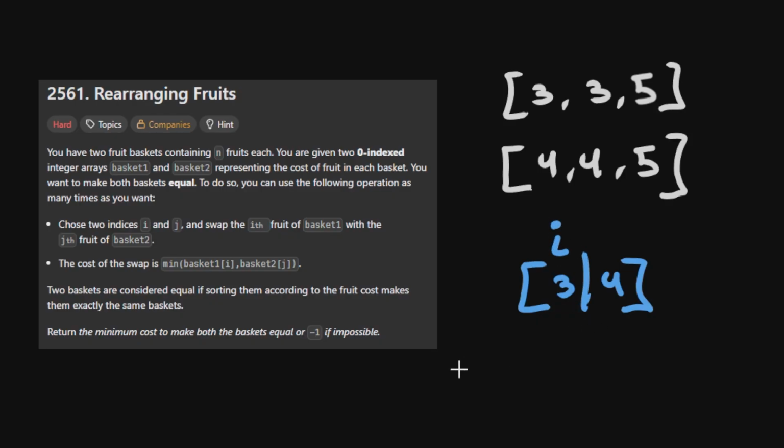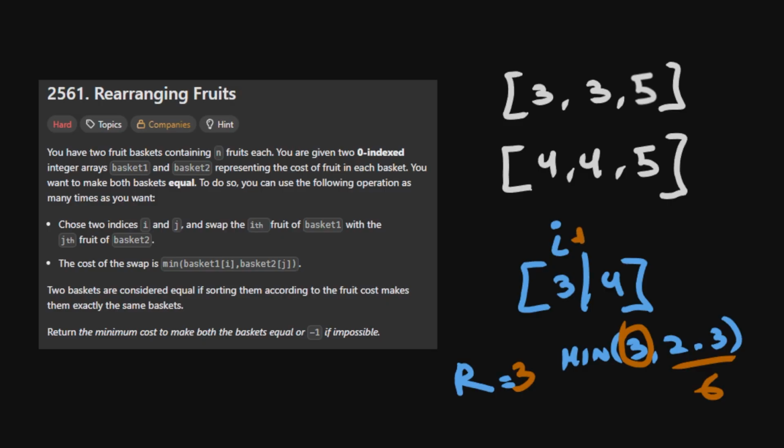So we are here, and the result is the minimum among 3 and 2 times the minimum value in these 2 baskets, meaning 3. And 2 times 3 is 6. So the result for this is 3, meaning we put a 3 in the result. We update the pointer, we reach the end, and we return the result, which is 3.